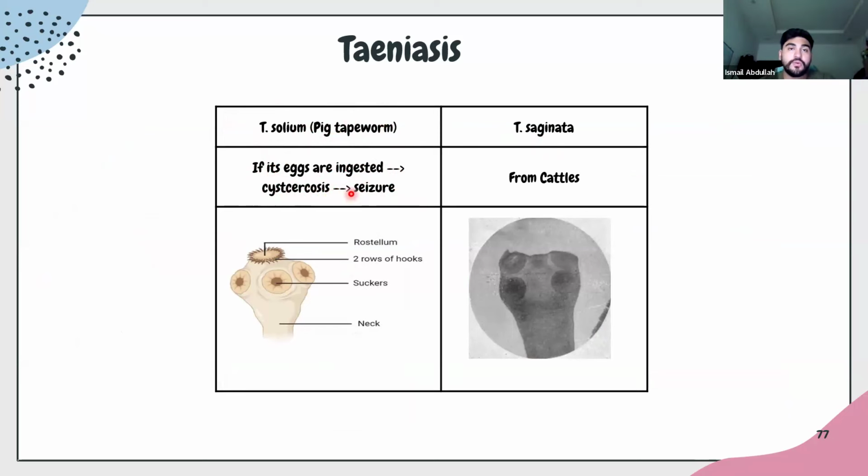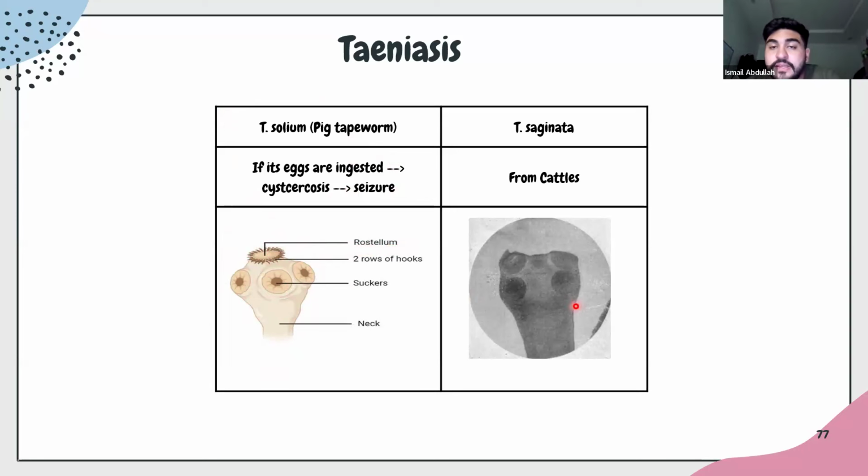But how would you know that this is T. solium and this is T. saginata, since the eggs look similar in stool analysis? The only way you can tell the difference is from the larval form. Look, this is the larval form of T. solium. It has this thing on top, like when you see a flower, this thing in the middle. It's called the rostellum.